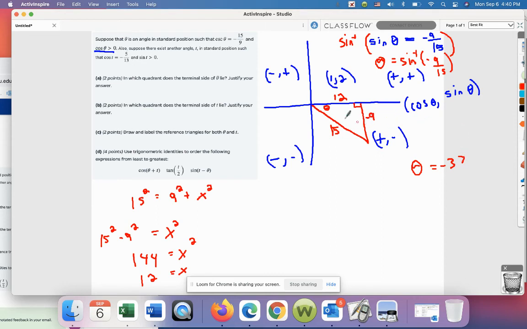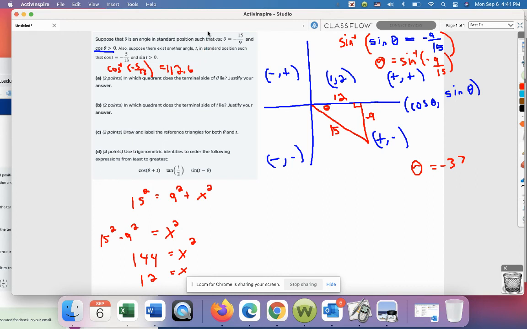So now I need to find t. Same thing for t. I'm going to do the inverse cosine. So I'm going to go cosine inverse of negative 5 over 13. Put that in your calculator. And I got, what did I get? I got 112.6.